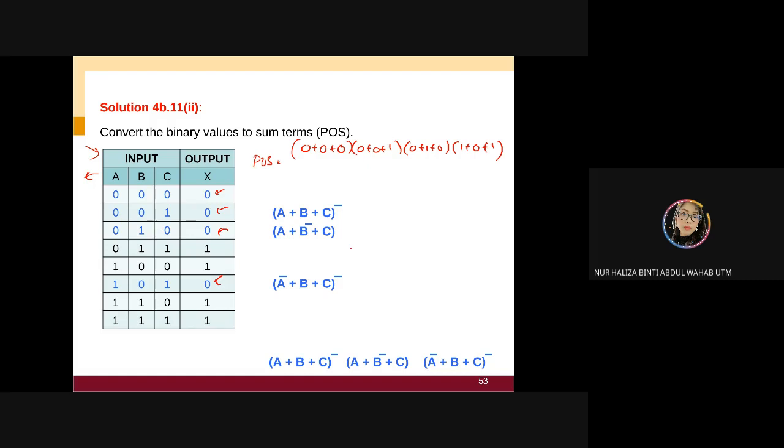Now you need to come up with your value. A will be A because it is 0. 0 will be B. C will be C. A plus B plus C bar. A plus B bar plus C. A bar plus B plus C bar.